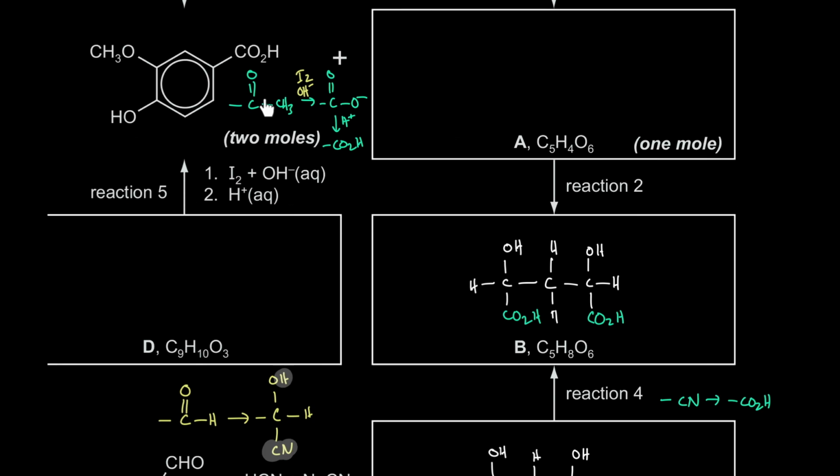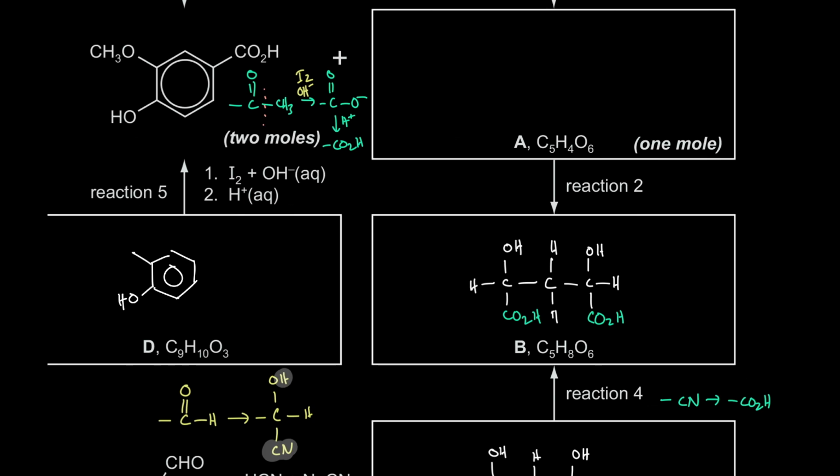When that methyl ketone reacted with alkaline aqueous iodine, we made a salt of the carboxylic acid, right? Because the CH3 breaks off, we make triiodomethane, which is the pale yellow precipitate. So we make the salt of the carboxylic acid, and then when we acidify it, that salt becomes the carboxyl group, the carboxylic acid. So this guy here used to be a methyl ketone. So we can say that here in compound D, we had an OH group.